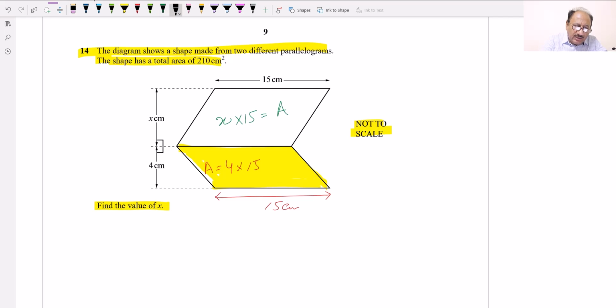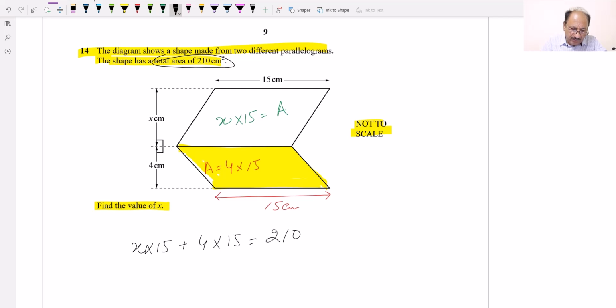So we can add up the areas, and they have given the total area is 210. So we'll form the equation. We will write here x into 15 plus 4 into 15 is equal to 210.